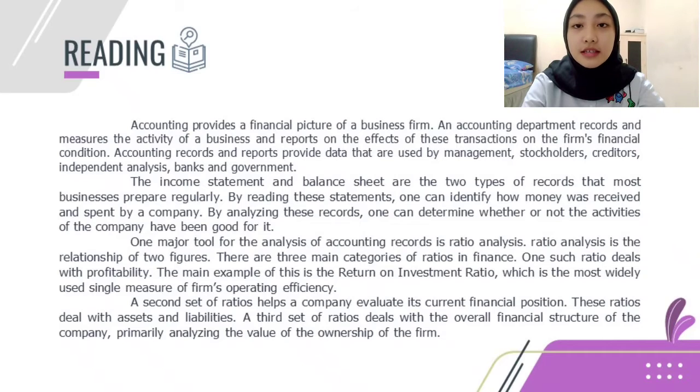A second set of ratio helps a company evaluate its current financial position. These ratios deal with assets and liabilities. A third set of ratios deals with the overall financial structure of the company, primarily analyzing the value of the ownership of the firm.